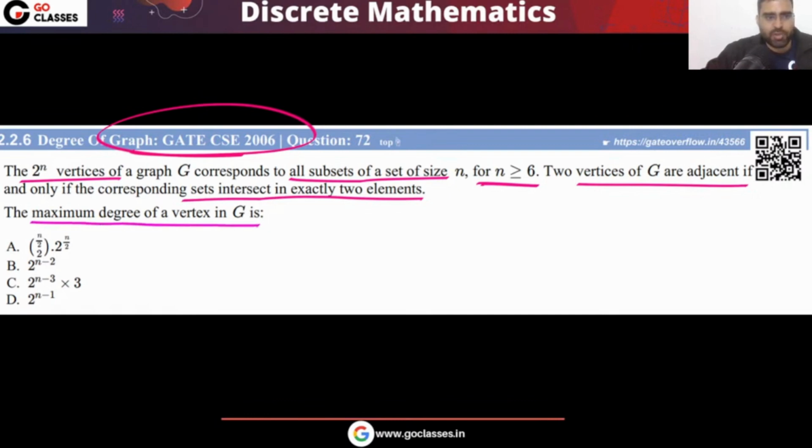This is a really beautiful question. In the GATE exam, how can you solve it? Before we see the complete analysis, during the GATE exam, during those 3 hours, how can you solve it?